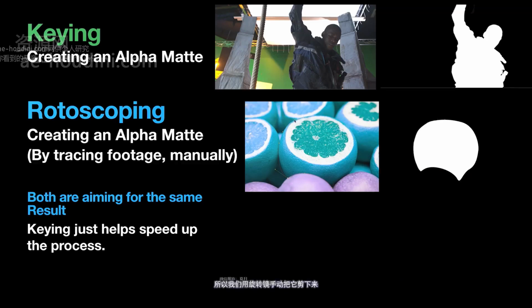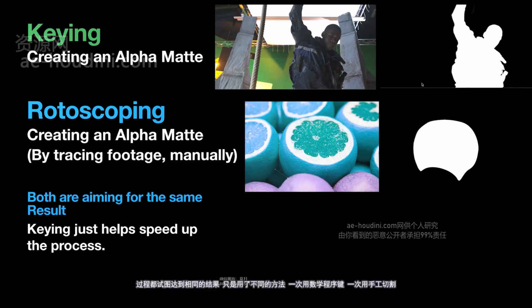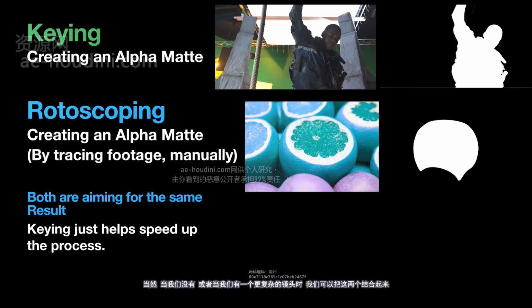So we're manually cutting it out with a rotoscope. These two processes are trying to achieve the same result, just using a different approach. One's doing a mathematical procedural key, and one's doing a manual cutout. And of course, we can combine these two when we have a more complex shot.